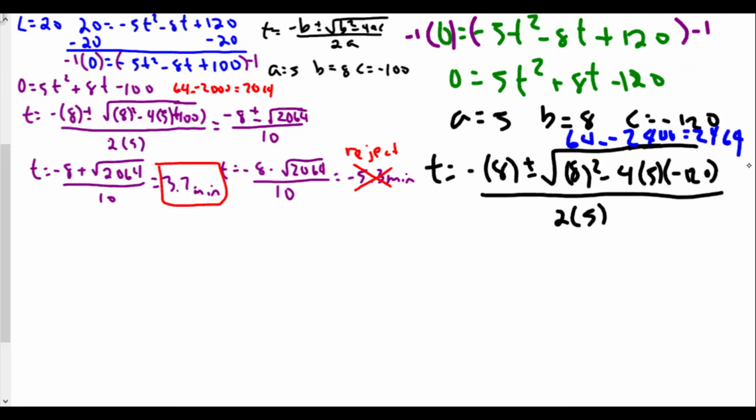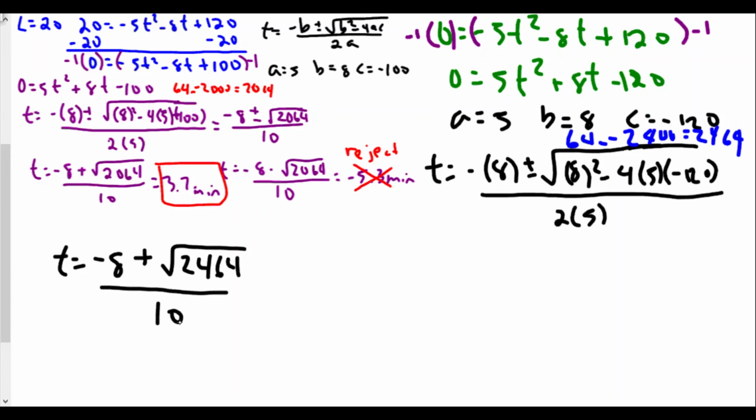And so when we piece it together, we get t is equal to negative 8 plus the square root of 2464 over 10, and t is equal to negative 8 minus the square root of 2464 all over 10.